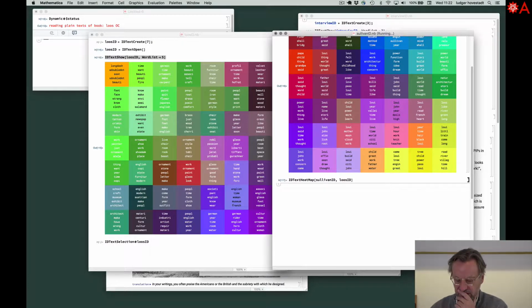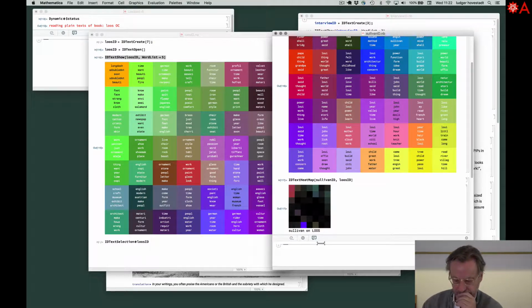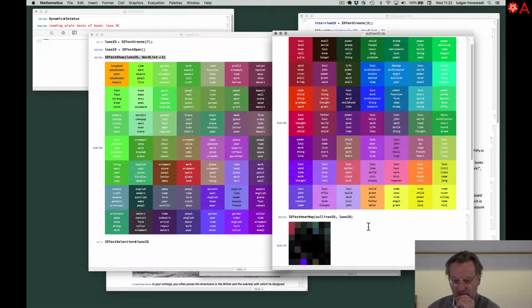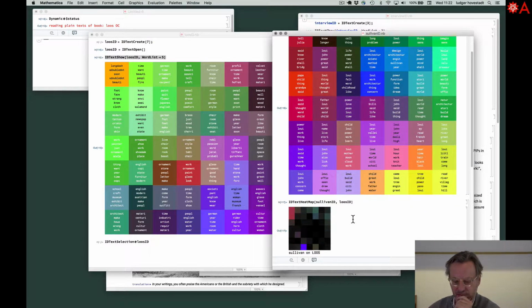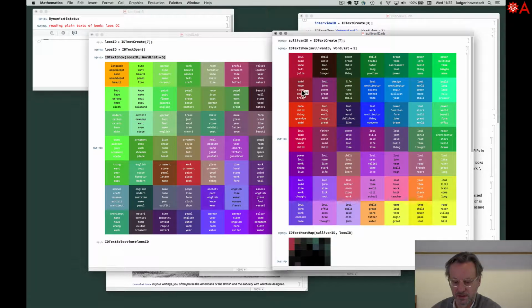Now Sullivan is reading Loos. So therefore we see we have build, set, city, set, we have river, small bridge.